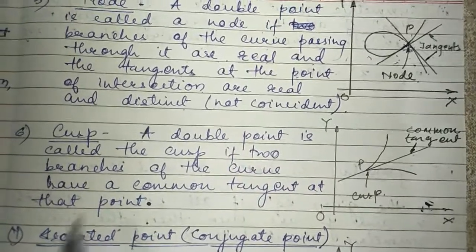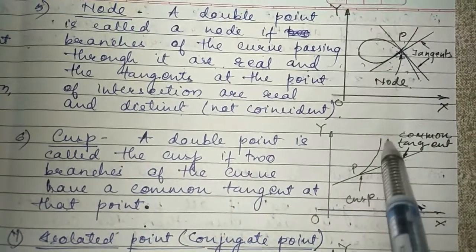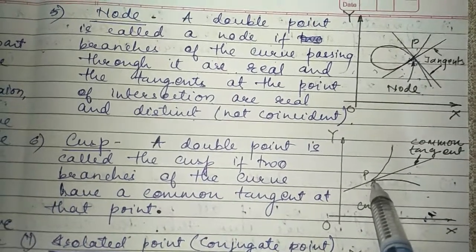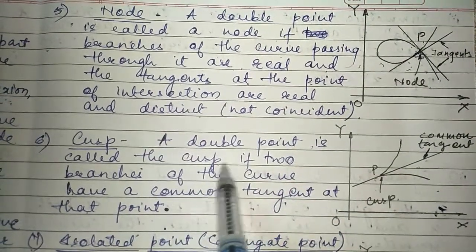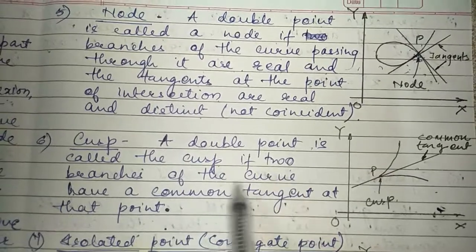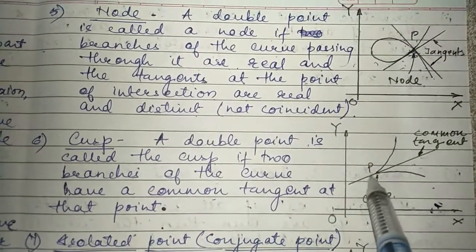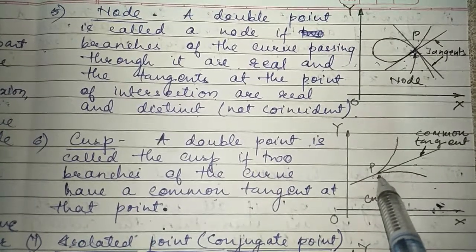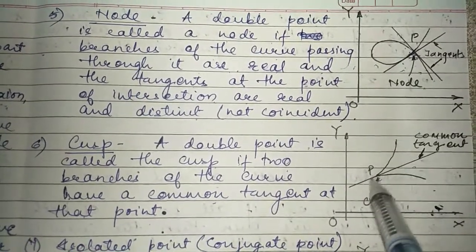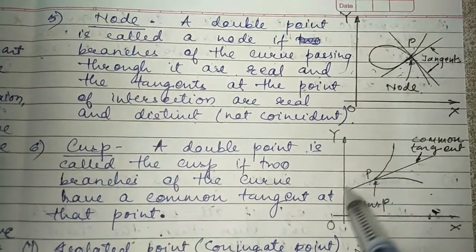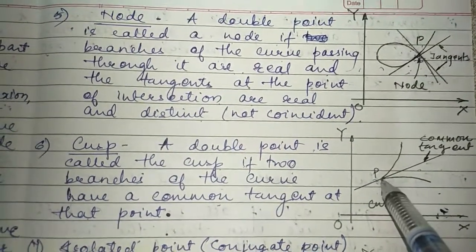Next comes the cusp. Now you can see here again, this is a curve and we have got a tangent at this point. A double point is called the cusp if two branches of the curve have a common tangent at that point. Now this point P is a double point because two branches of the curve are passing through this point. But what we have here is a common tangent at this point.